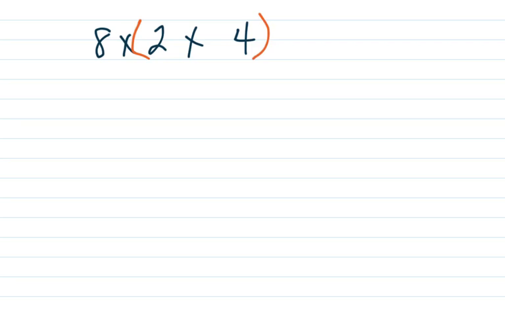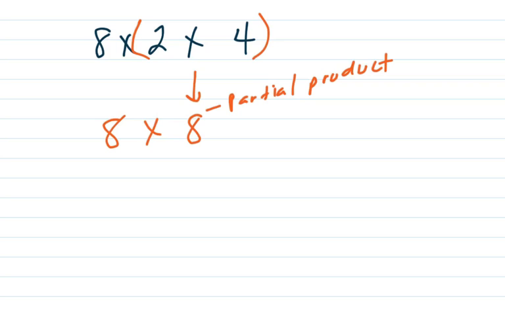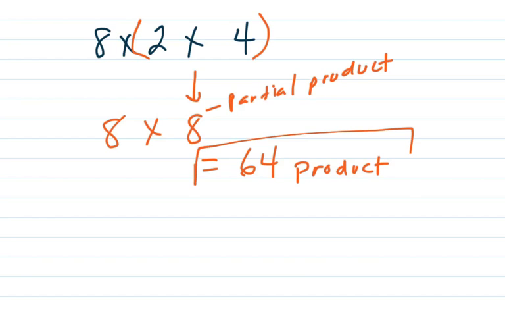And then the first thing that we do is we multiply 2 times 4, which is 8, then 8 times 8, and you remember that this 2 times 4 is a partial product. Then we multiply 8 times 8, and that's going to be 64, and that's going to be our product. If you want to put final product on there, you can.